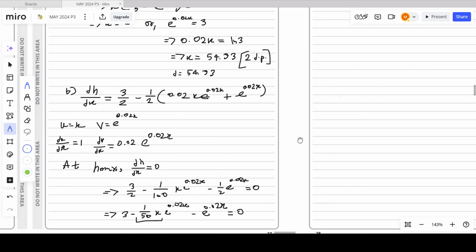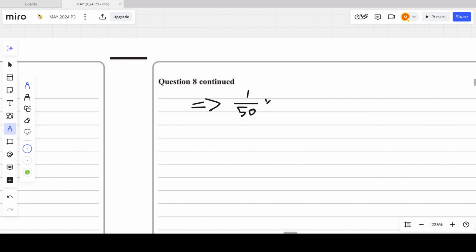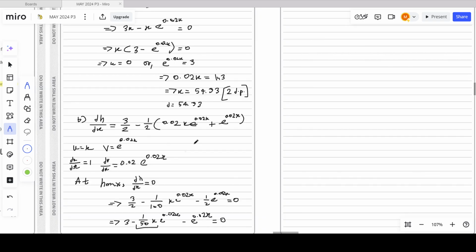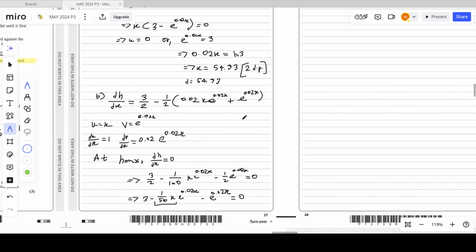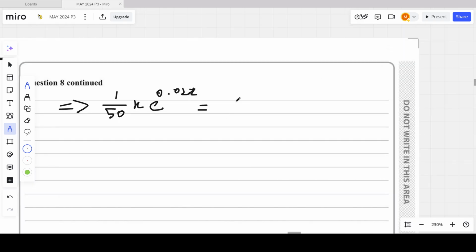So if you take this term to the right side, what you will get? You will get 1 over 50 x e to the power 0.02x equals what will be remaining there: 3 minus e to the power 0.02x.